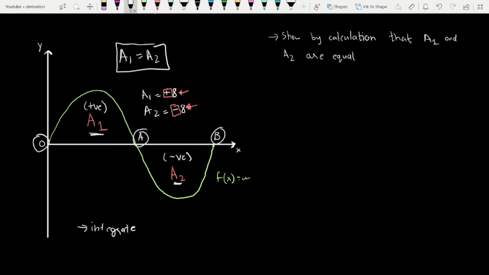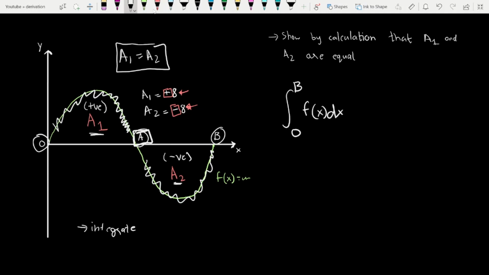However, if you integrate this entire curve, let's say you integrate f of x dx from origin to B, and you don't take this A into consideration, and you don't take the fact that it's above the x-axis over here and below the x-axis over here, and you just integrate this entire thing, you are going to get an area of 0.